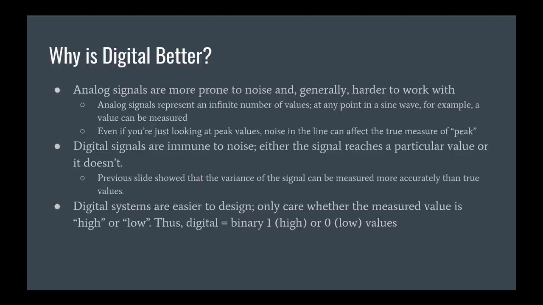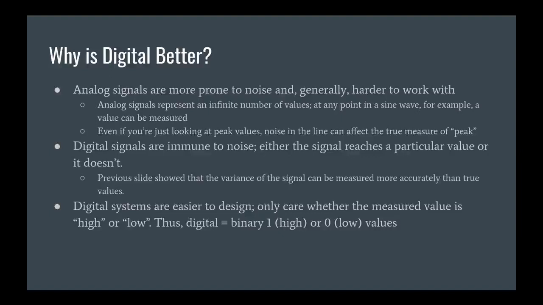Either the signal reaches a particular value or it doesn't. And the variance of that signal can be measured more accurately than the true value. So if you're just looking for a change in value of 5 volts, you can measure that regardless of the line noise.